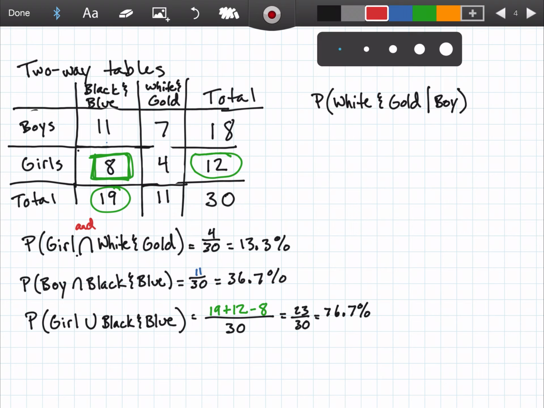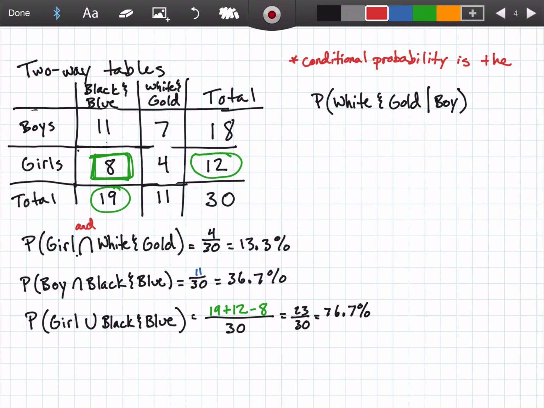So remember, this conditional probability is the only time the total changes.